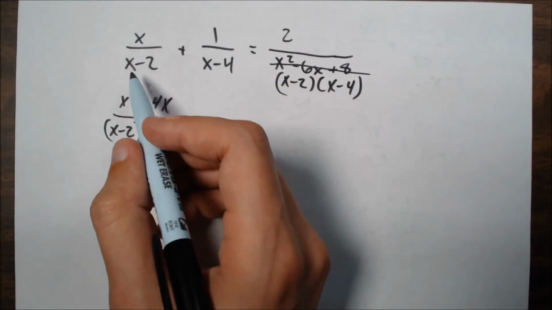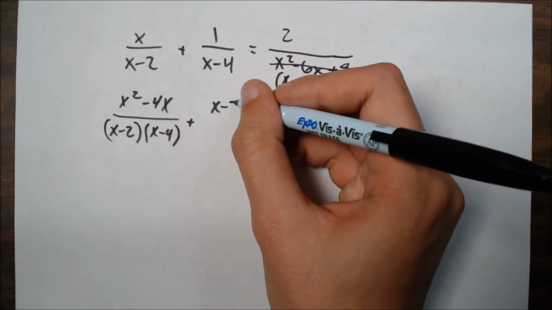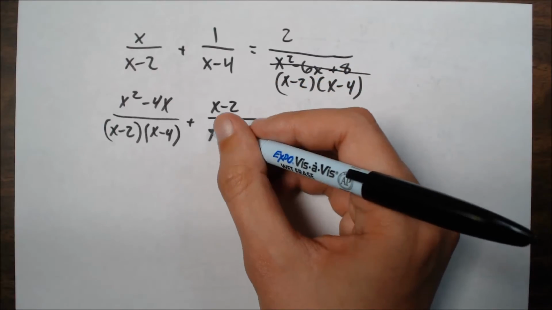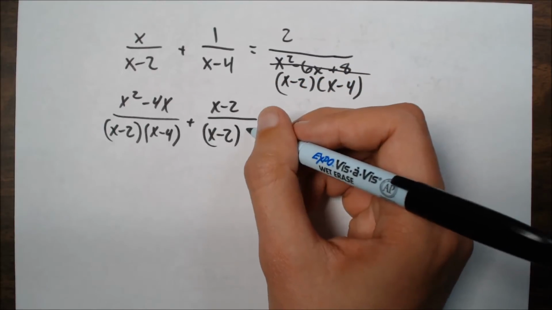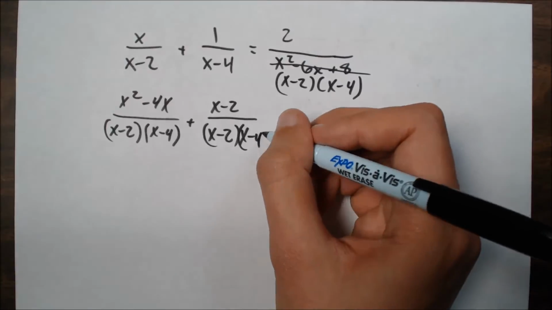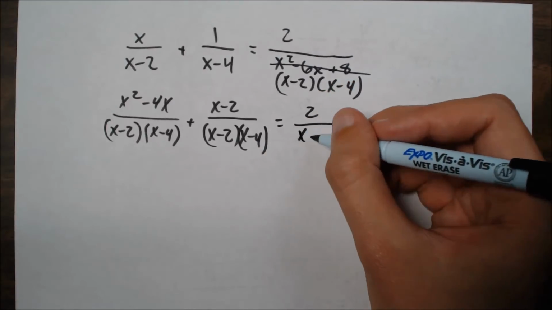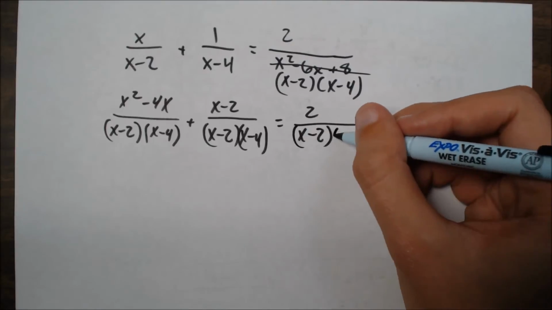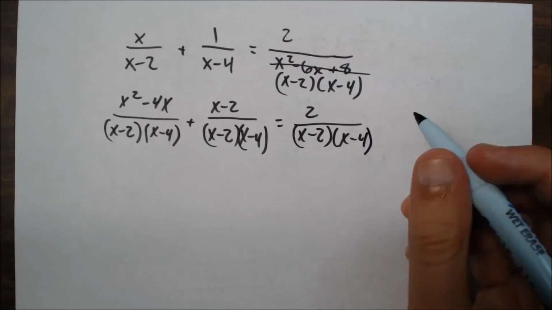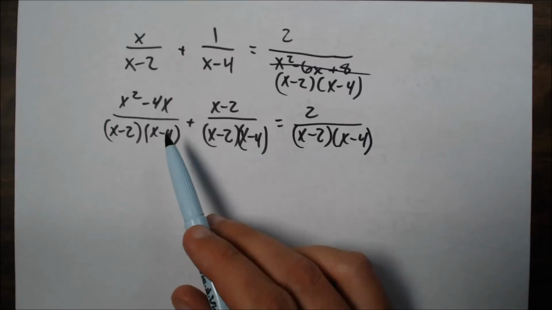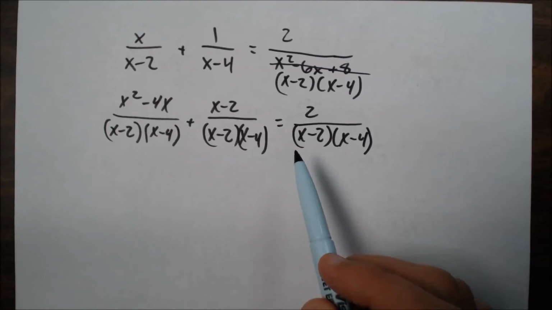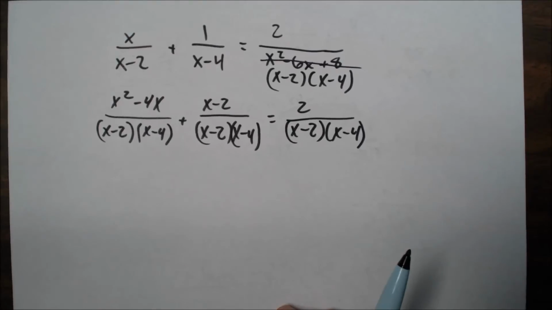And on the right over here, I'm going to multiply by x minus 2 and get x minus 2 times x minus 4 on the bottom. And I'm just going to rewrite what's on the other side. It doesn't matter what order you write these denominator factors in. I would try to keep them the same for each one, but it doesn't really matter mathematically.